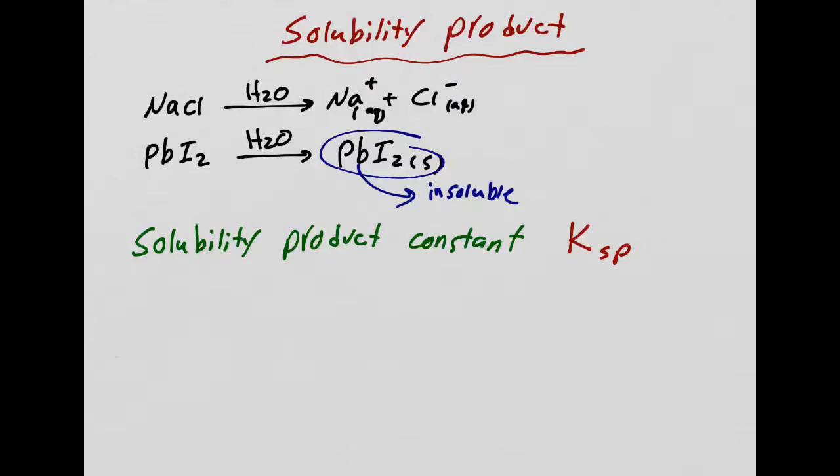You know what K is. That's the equilibrium constant, right? And SP means solubility product. So, KSP is an equilibrium constant for compounds that will only slightly dissolve in water. Let me actually write it down.